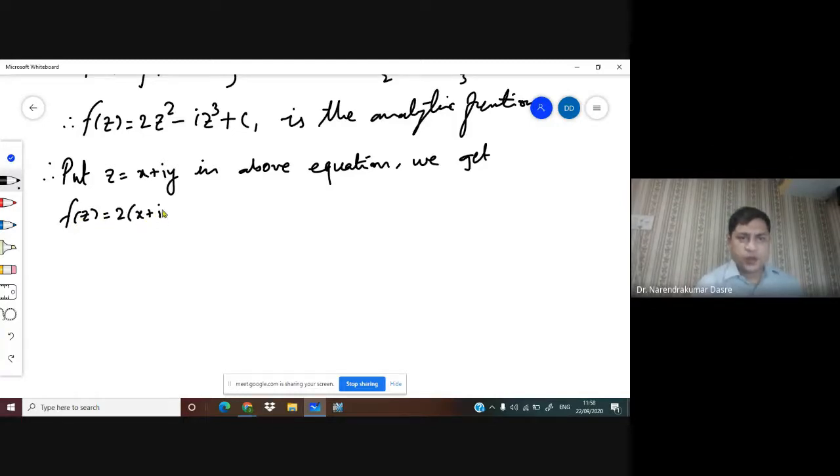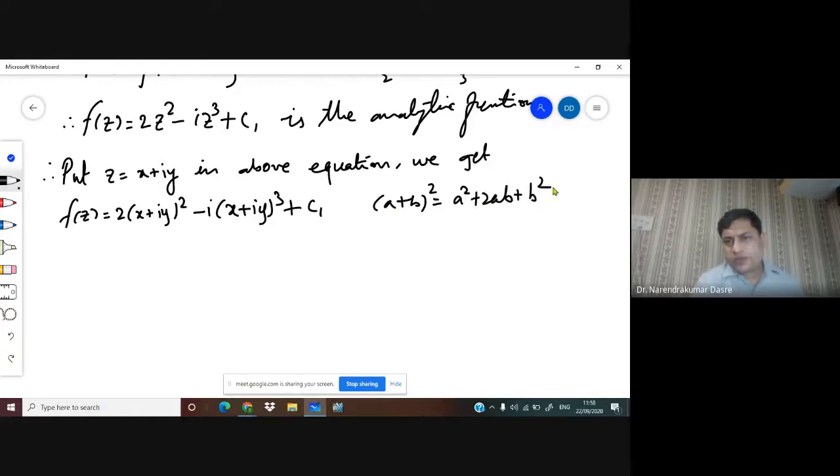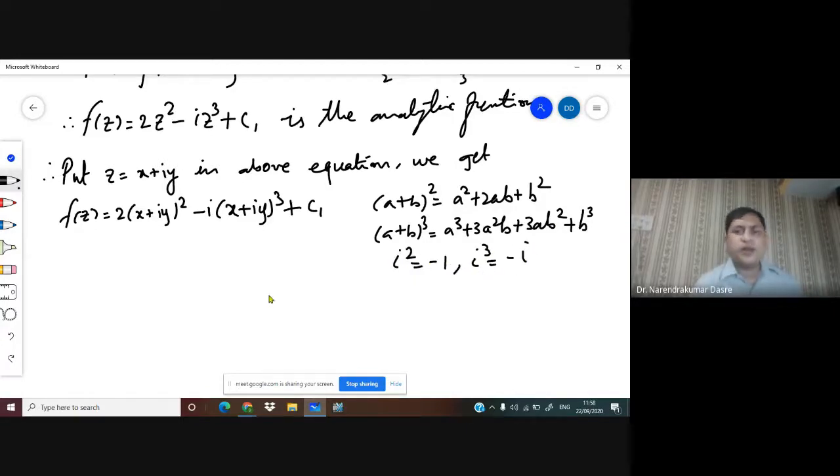f of z is equal to 2 bracket x plus iy bracket square minus i times bracket x plus iy bracket cube plus c1. So what we know is a plus b whole square is equal to a square plus 2ab plus b square, and a plus b whole cube is equal to a cube plus 3a square b plus 3ab square plus b cube, and we know i square is equal to minus 1, i cube is equal to minus i.